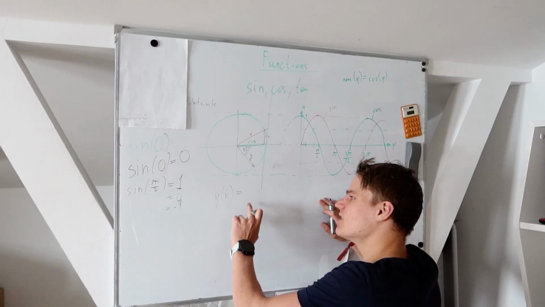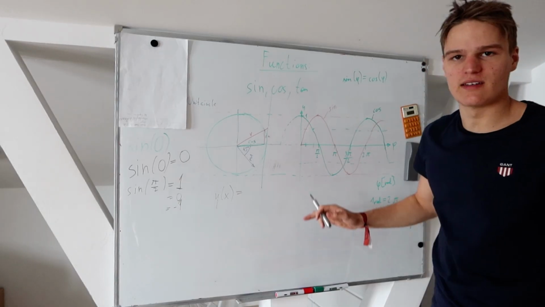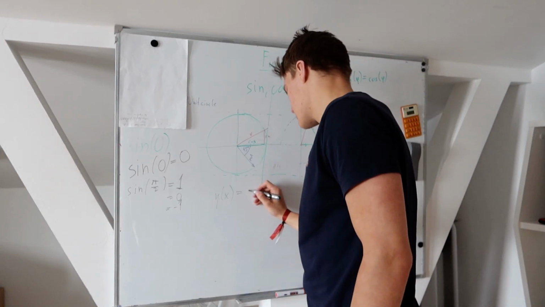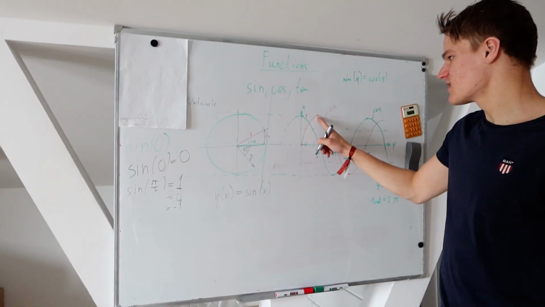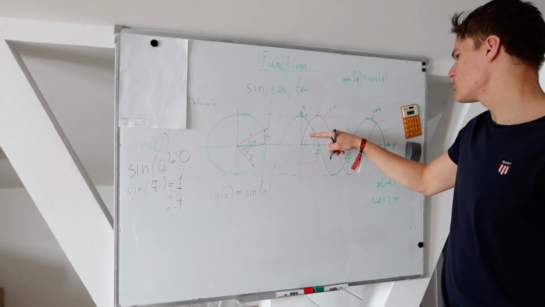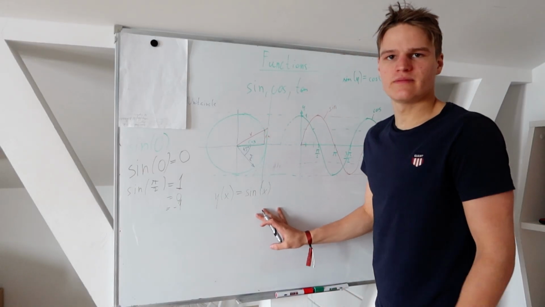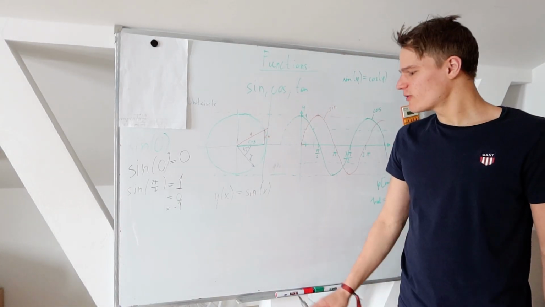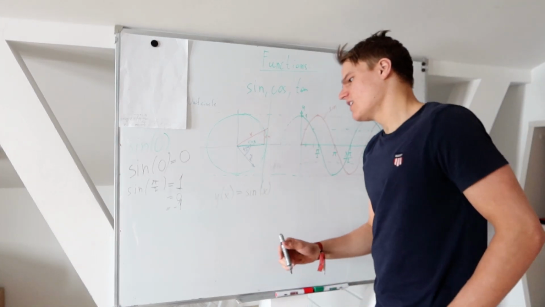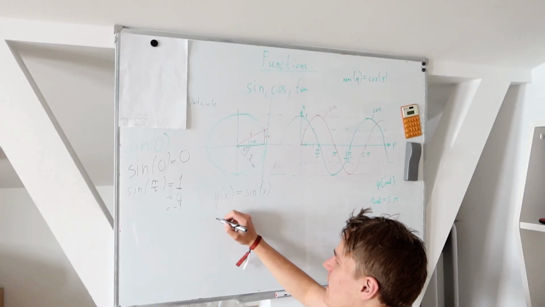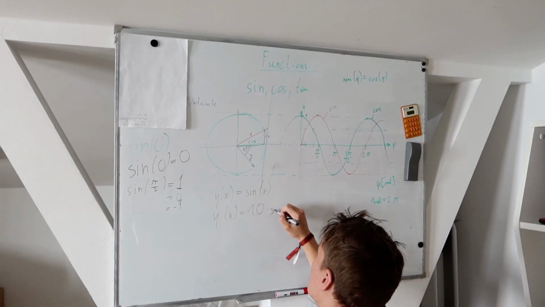So actually what we can do, and another question, how do we make this maximum value 10? What do we have to do with the basic function sine of x to make this outermost point on the function 10? Well, we can add 10, right? We can even add 9. But if we write plus 9, doesn't that mean that every value goes up 9? It does, so that's the problem, right? So what we actually have to do, maybe you guys figured this out, is 10 times sine of x.